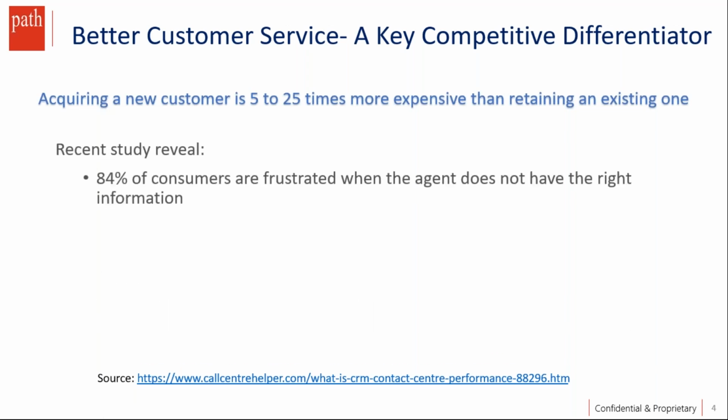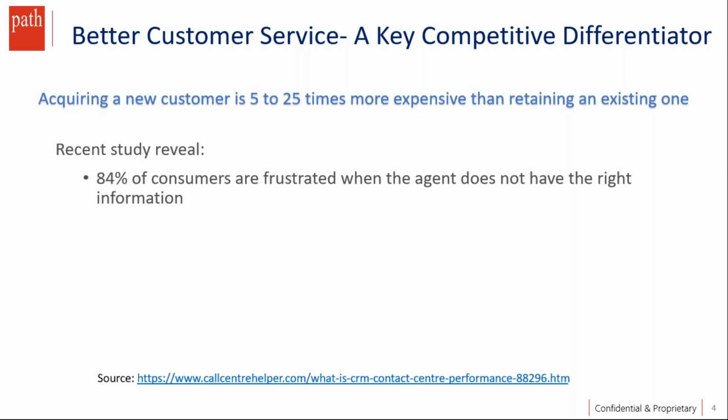If I talk about a recent study, 84% of consumers are frustrated when the agent does not have the right information, be it agent, executive, caller. So 84% of dissatisfaction comes only because of lack of information.